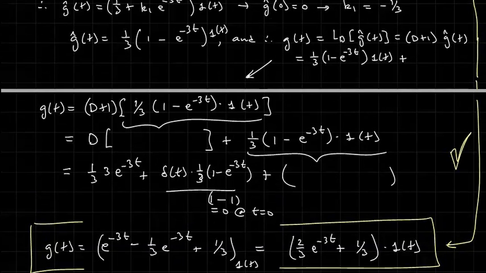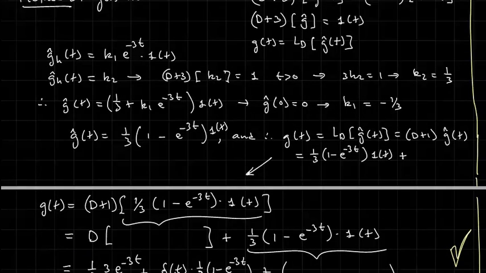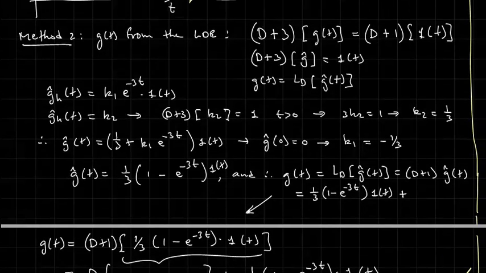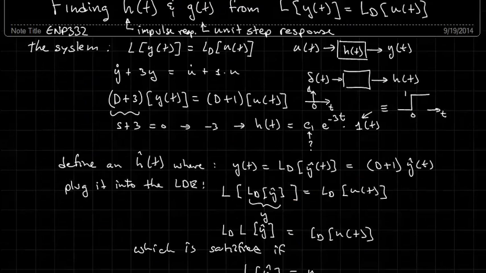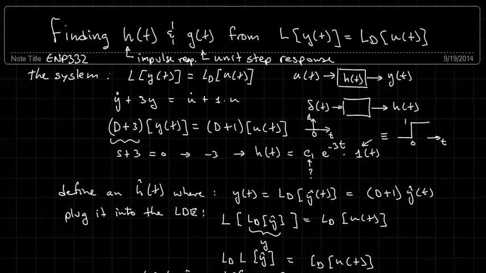Okay, so you can pick which way you want to do it. In my opinion, I'd rather go straight from the impulse response if I can. All right, so we have at this point finished our task of finding the impulse response and the unit step response to this first order system that included a driving operator driving the input.